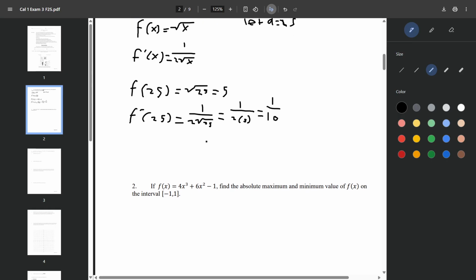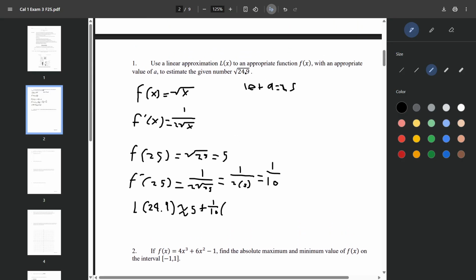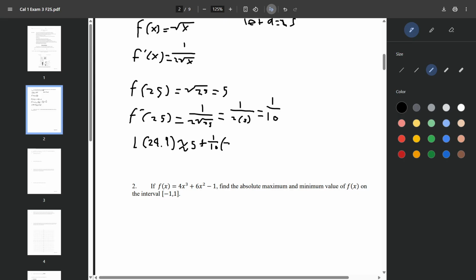And so now we are going to use the approximation equation, which is going to be L of 24.9 approximately equals 5 plus 1 over 10 times the original number, which is 24.9 minus a, which in this case is 25, the number we're approximating to.